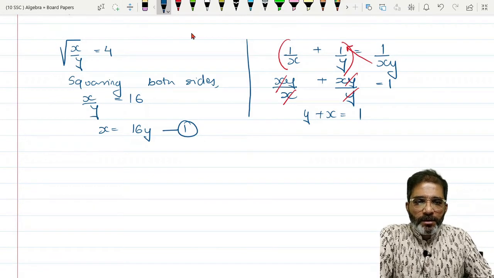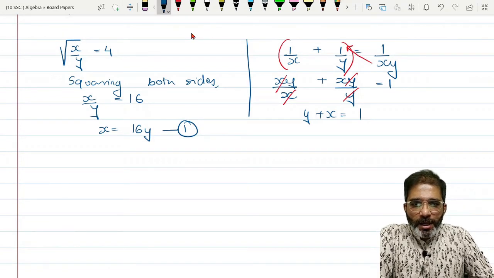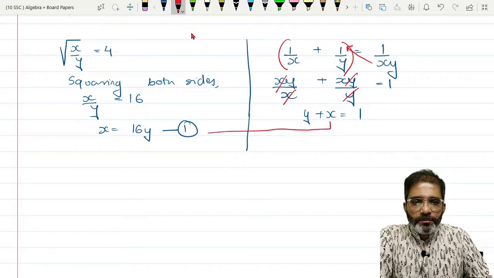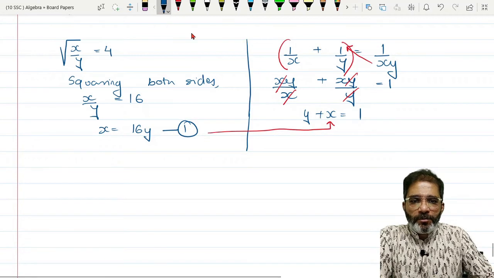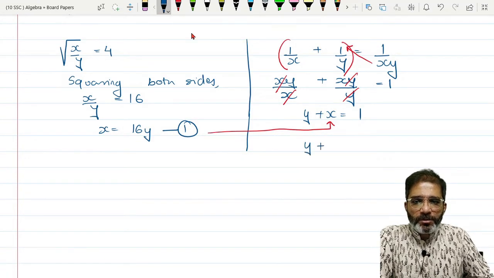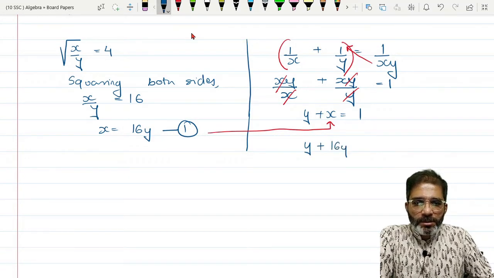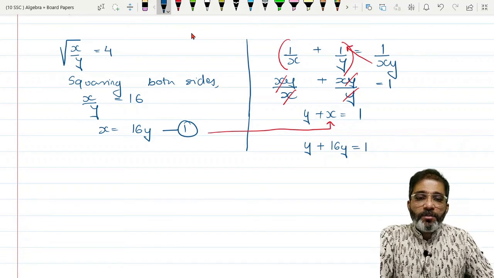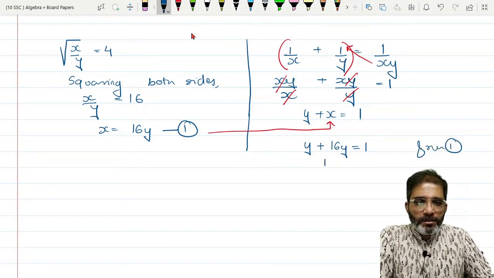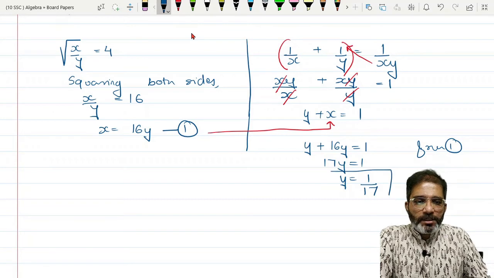Okay, now I'm going to substitute the value of x over here. So what I'll get, y plus 16y equal to 1, from 1, 17y equal to 1, y equal to 1 by 17.